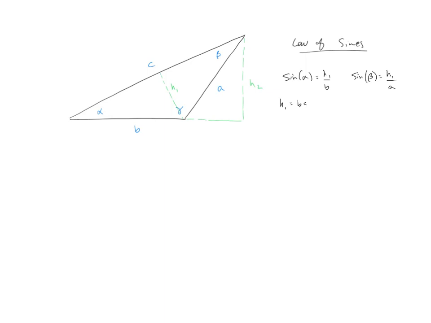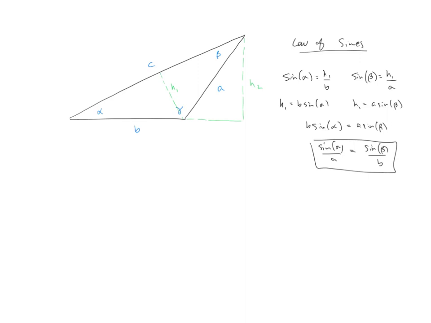So h1 would be b sine alpha. h1 over here would be a sine beta. And since both are equal to h1, we can set them equal to each other. So b sine alpha equals a sine beta. Dividing by a and b, we find the relationship that sine alpha over a equals sine of beta over b. So that's a relationship not dependent upon h1 or h2, only dependent upon information in the known triangle.